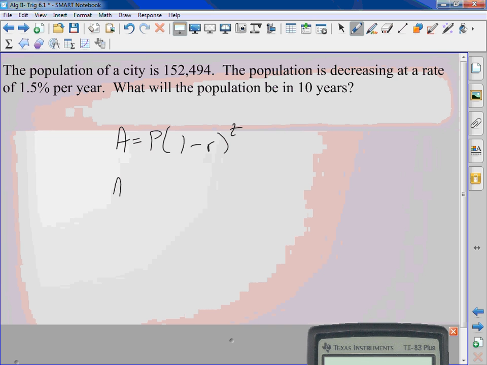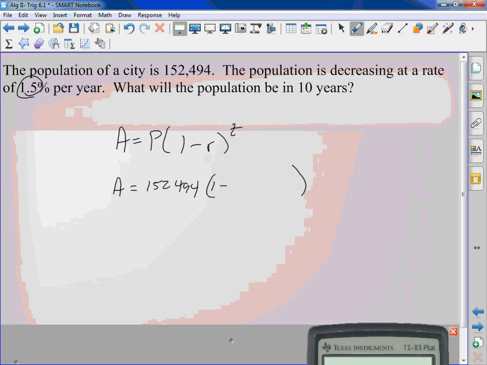We're looking for the final amount. What's my original amount? 152,494. I know what you're trying to say. 1 minus. It is not 1.5.